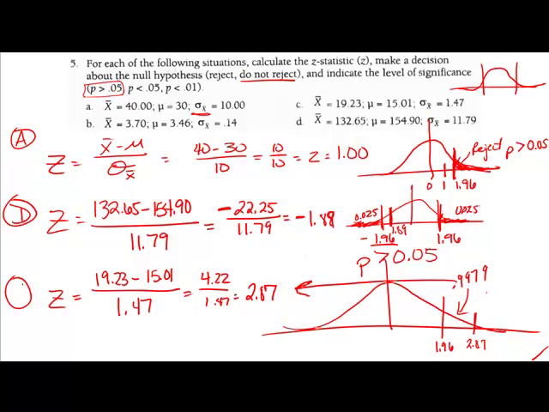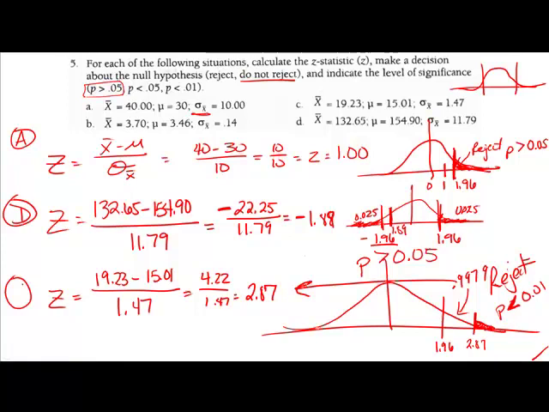That's a really small probability that we are going to get that sample mean from the population. So we are going to definitely reject the null hypothesis that they're the same. And it's because the probability is less than, you always pick the smaller one, 0.01.